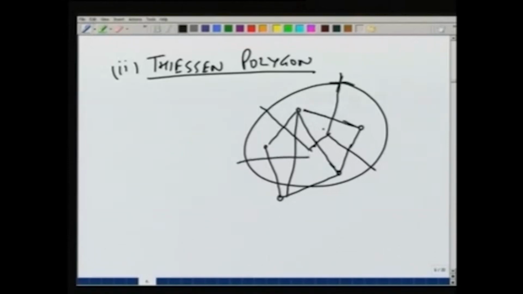Now, these perpendicular bisectors represent the area which is closest to a particular rain gauge.